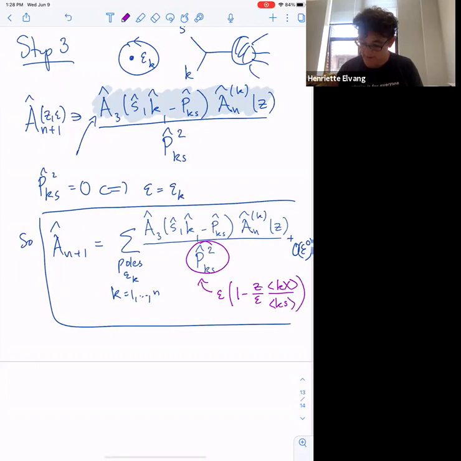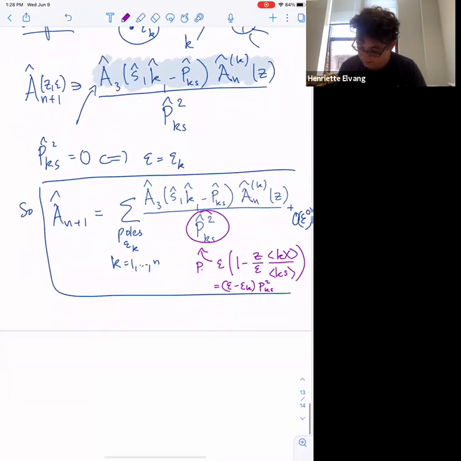And you might be worried that I'm writing things with 1 over epsilons here, and I want to take epsilon to 0, but this turns out to be a very nice way of writing it. And this is just the same as epsilon minus epsilon k times pks squared. And here I still need my pks squared also.